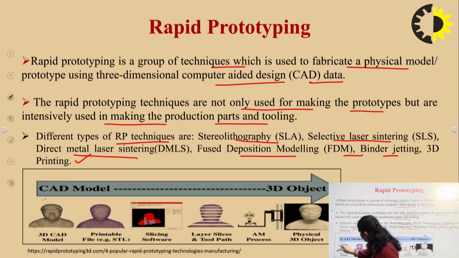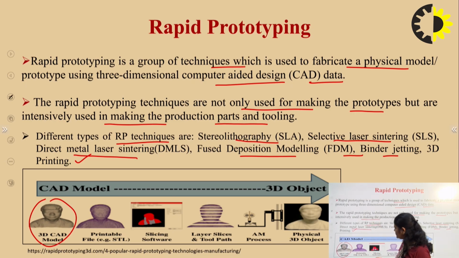This CAD data which is available with us is converted into a printable file, or into a format which the machine can easily understand, like the STL format. Then with the help of slicing software, it is sliced, divided into different slices of particular thickness. You can see here the layer slices and the tool path.